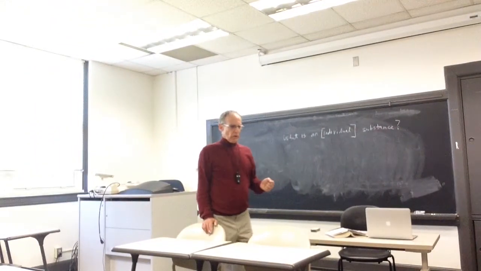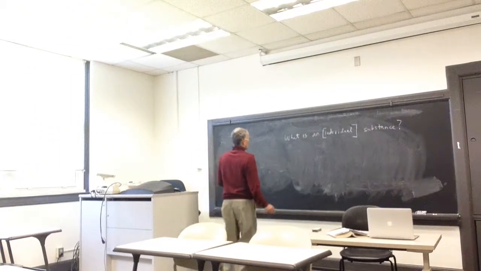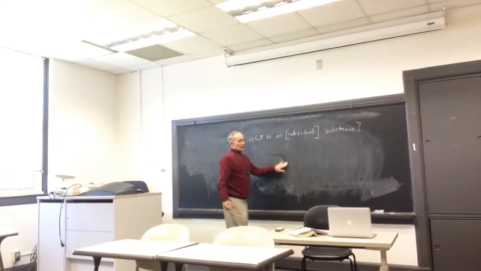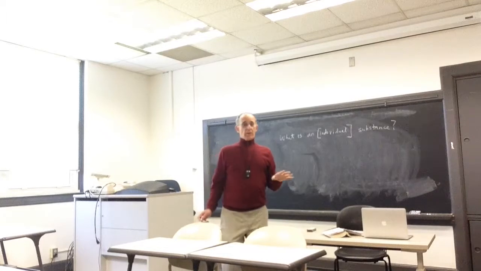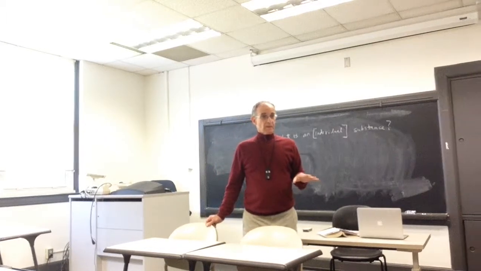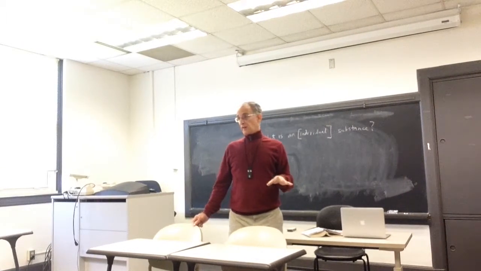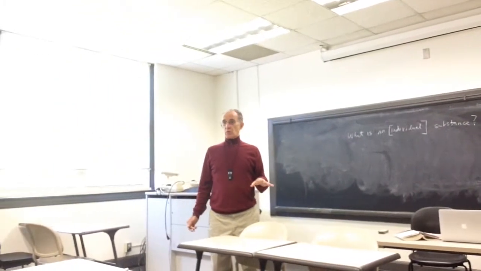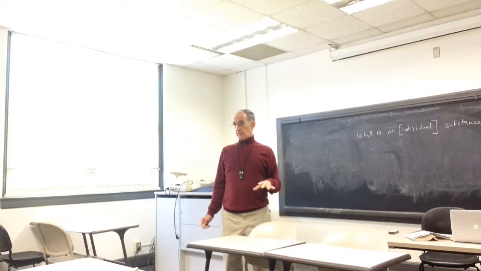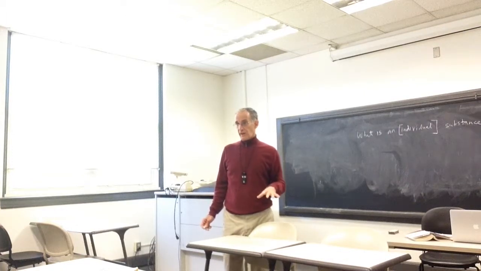All right, so at one point, Aristotle attempts to define a substance as something which can undergo change. He says a substance is something which can admit contrary qualities while remaining numerically one and the same. And by this he means over a period of time.